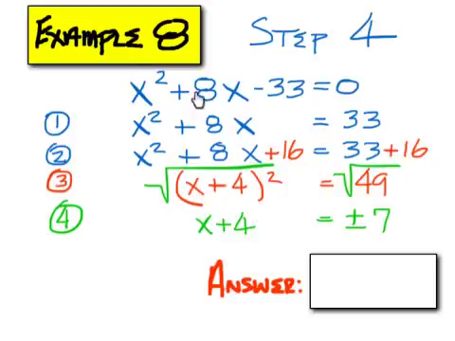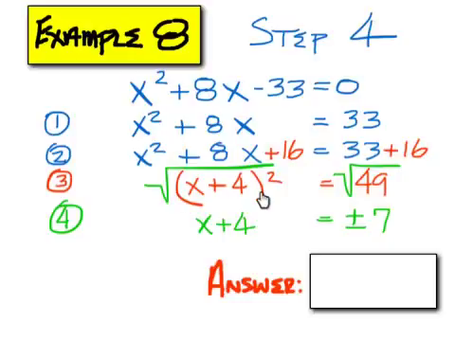Here's another example. X squared plus 8x minus 33 equals 0. Move this minus 33 to the right side, change the sign. Half of 8 is 4. Square that to get 16 and add it to both sides.